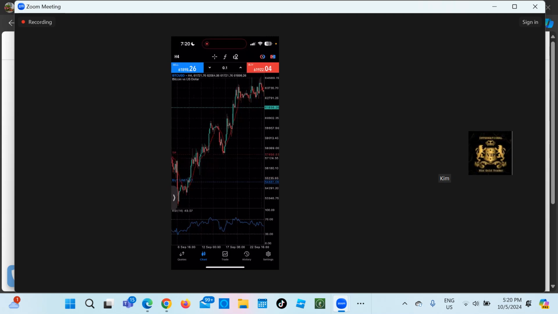Pagdating sa TP3, bababa uli siya sa TP1 to break even. So instead na bumaba siya mag-retest, you can take that profit and then let it hit break even on TP1. Pwede ka mag-place ulit doon ng buy order and then it would hit TP3.